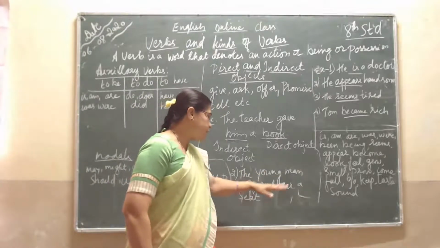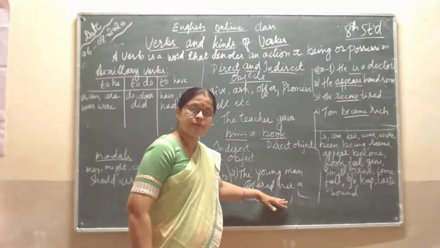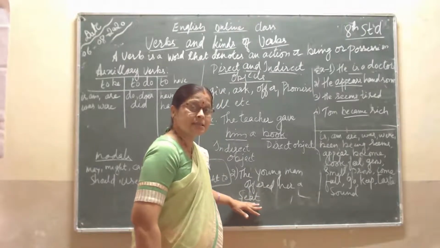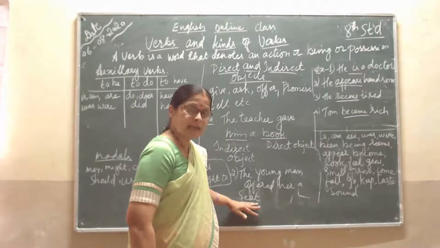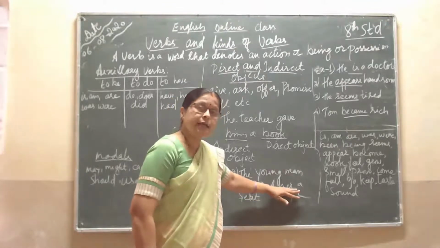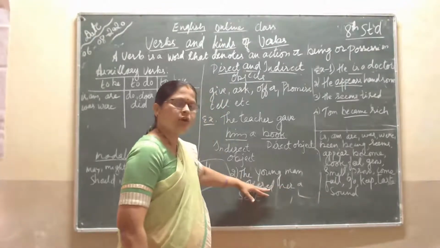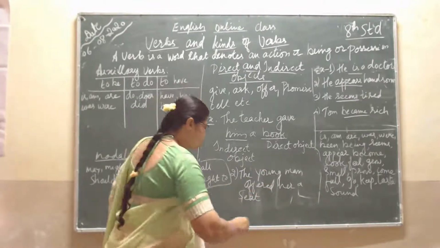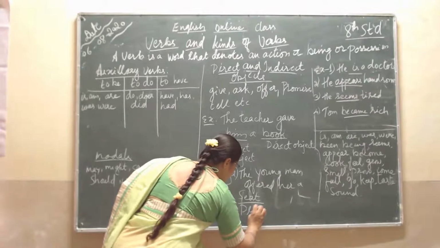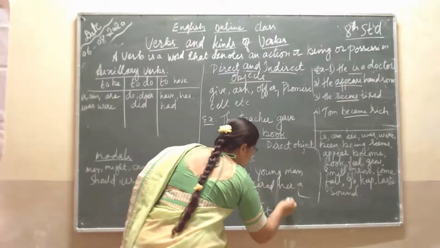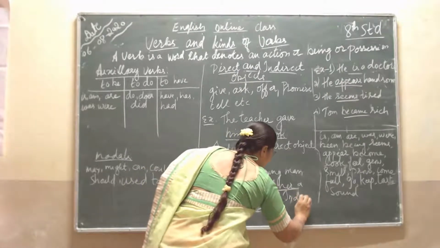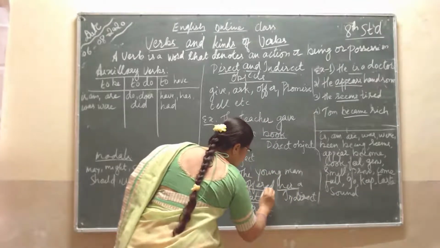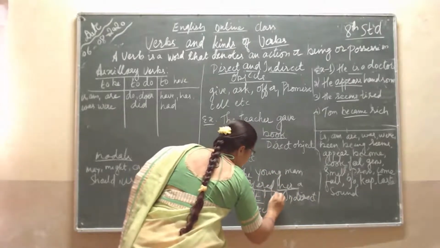Now, the young man offered what? The answer is seat here. So seat is the direct object, her is the indirect object, whereas offered is the transitive verb.